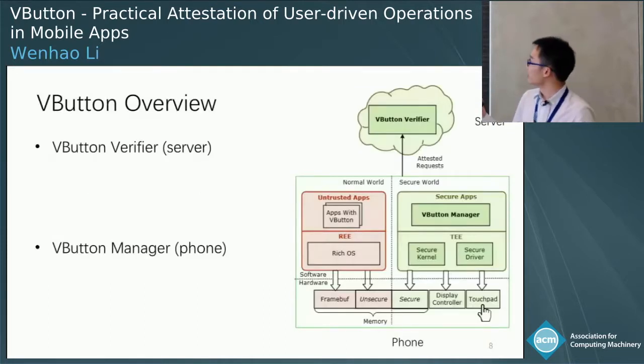So let's take a look at the overview of VButton. It consists of a VButton verifier and a VButton manager. The VButton manager runs in the secure world of TrustZone and is responsible for on-device support. The VButton verifier, on the other hand, runs in the remote server and is responsible for service verification.